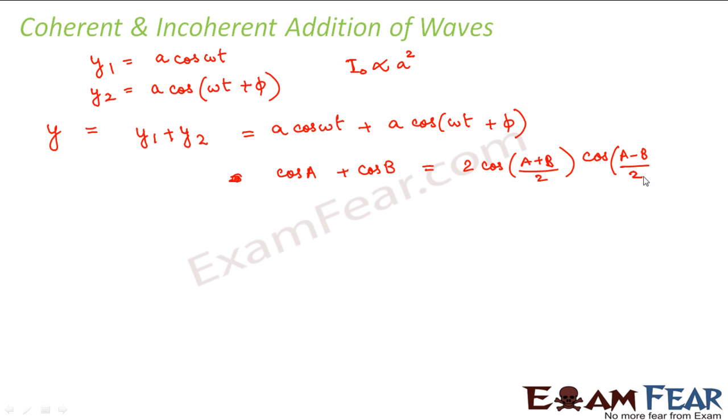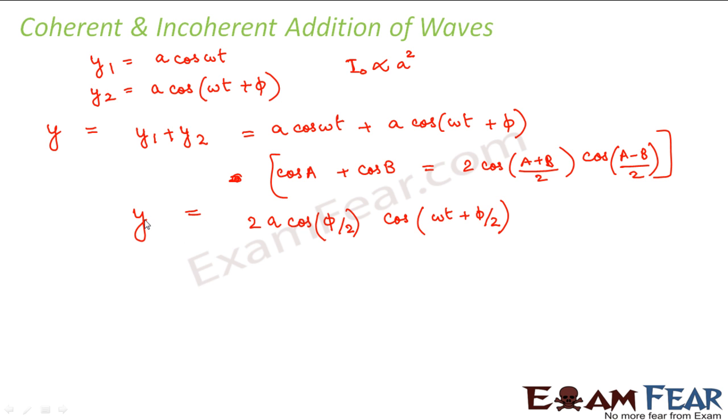You must have studied all these things in your trigonometry. So therefore this equation will become 2a cos phi by 2 cos omega t plus phi by 2. So this is my resultant displacement.